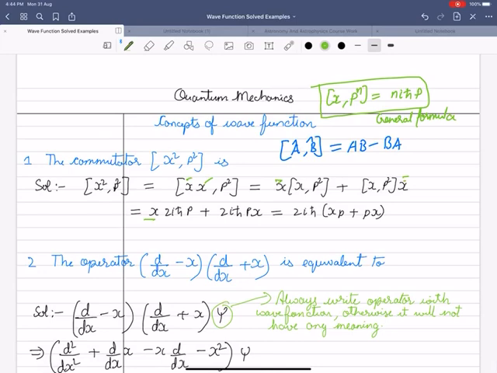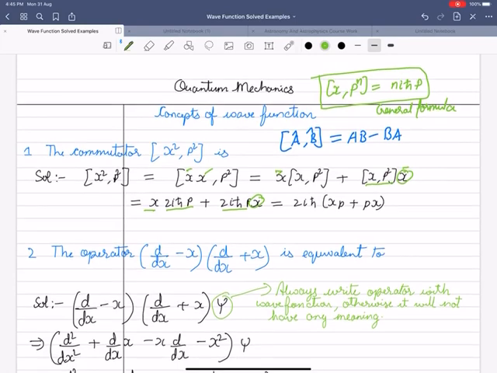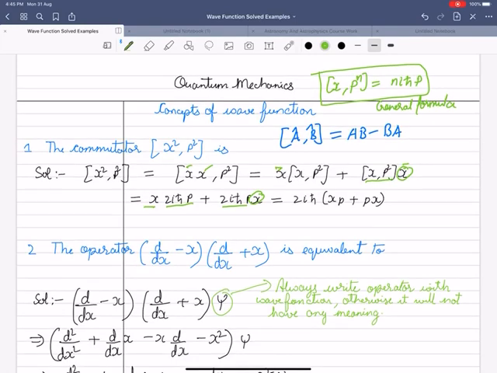So x comma p square is 2 i h cut p, and this x is this x. So you can take 2 i h cut common, and xp plus px.